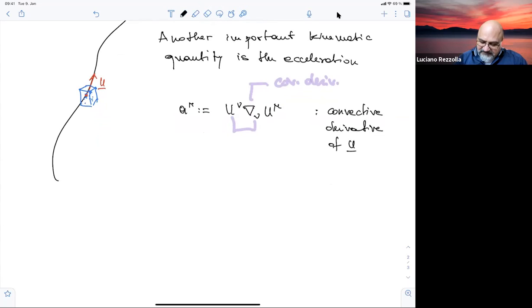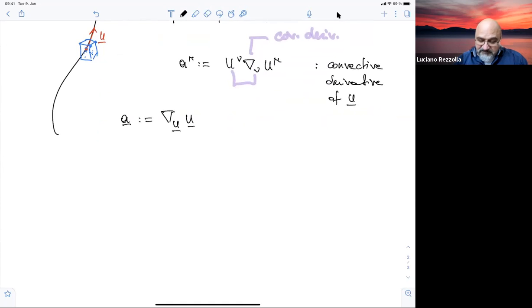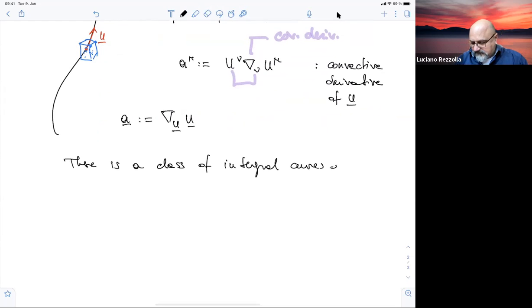I can also write it like so. A is defined as the covariant derivative along u of u. And if you've ever seen, there is a class of integral curves of u such that ∇_u u is equal to 0.